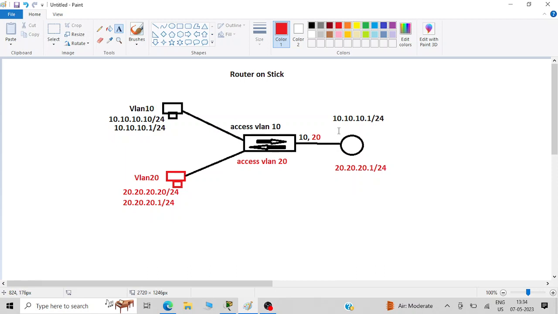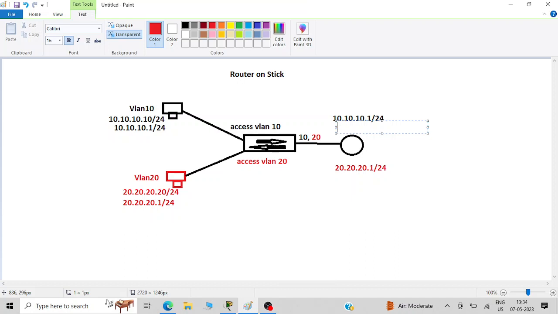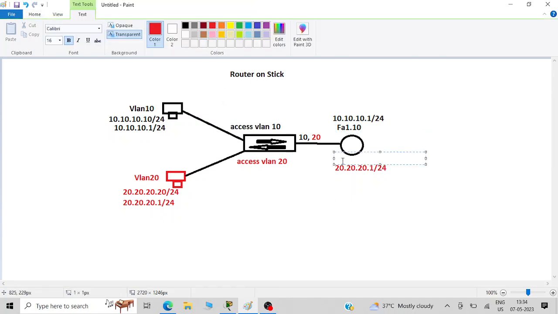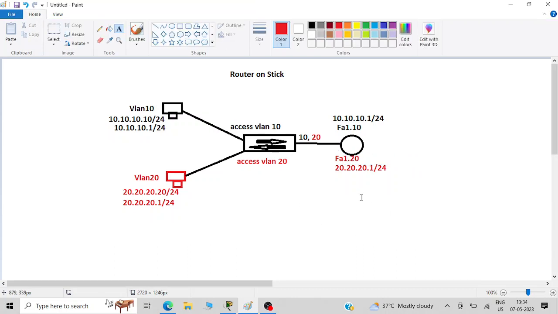Here we will be configuring two sub-interfaces. Let's say this port is FA1. We'll be creating one sub-interface, FA1.10, and another sub-interface, FA1.20.